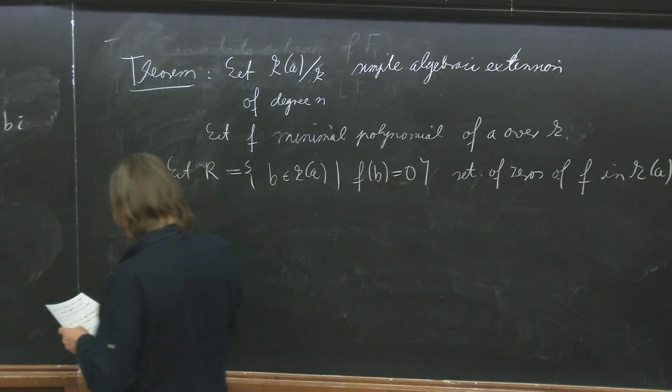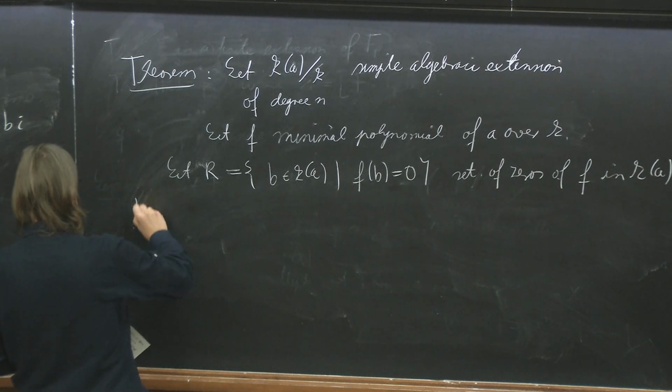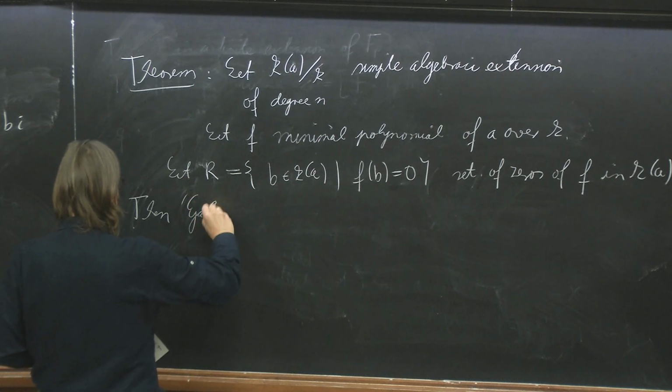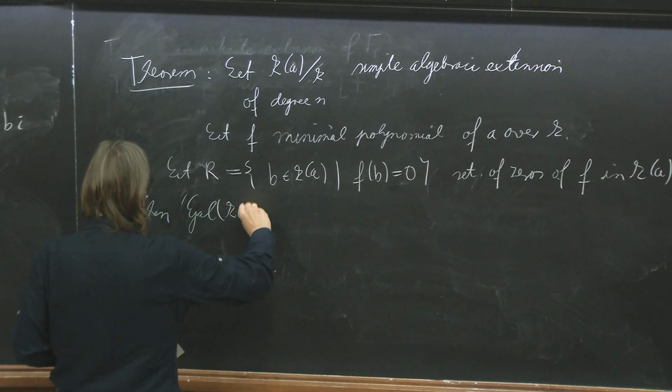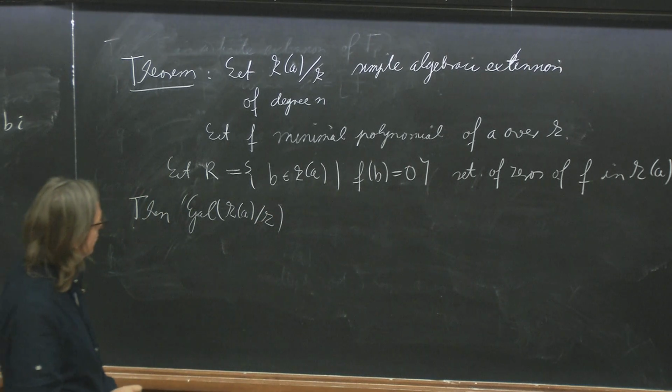Then the statement is the Galois group of K(a) over K acts simply transitively on R.